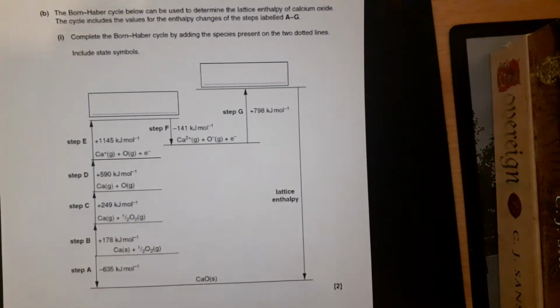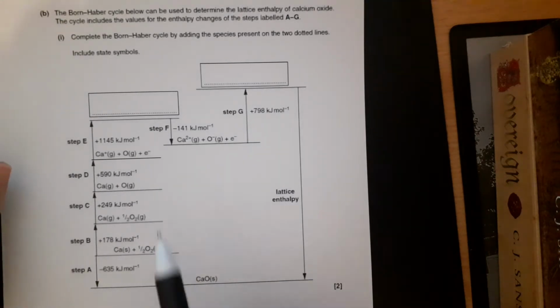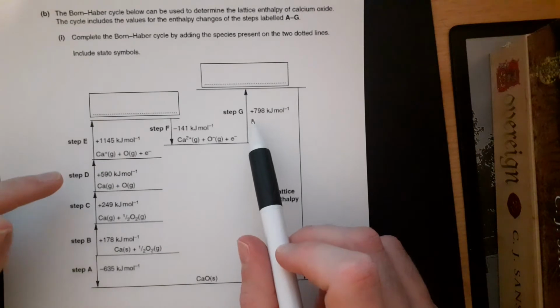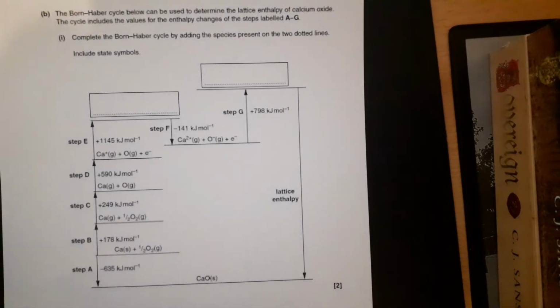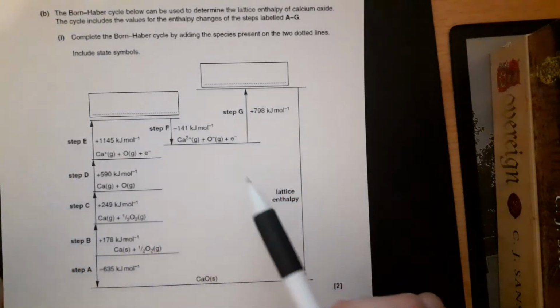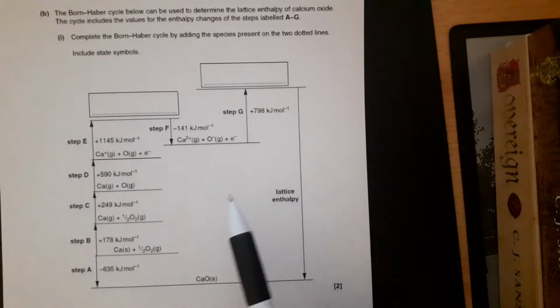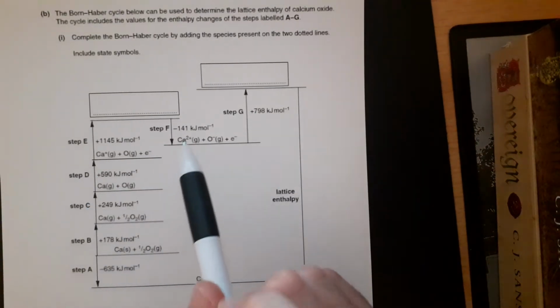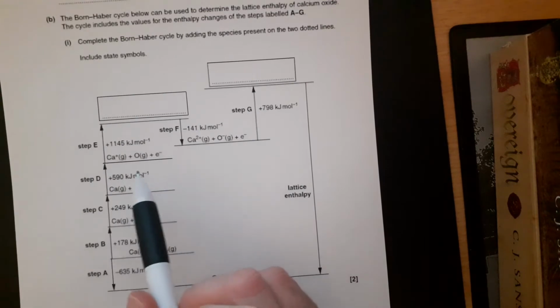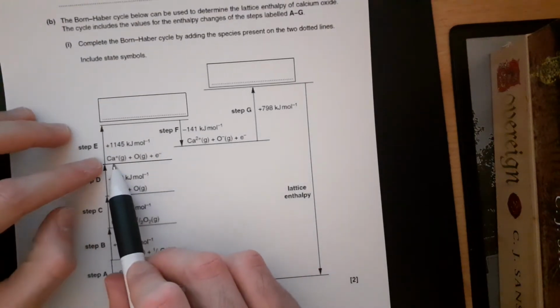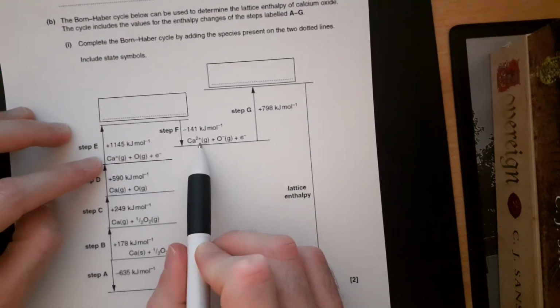Then we've got a Born cycle, and this time they seem to alternate between matching up the stages on the diagram to A, B, C, D, E, and filling in the gaps in the diagram. We've got a 50-50 chance of getting either of those questions. So what needs to go in the gaps here? Here I've got calcium plus, and here I've got calcium 2 plus.